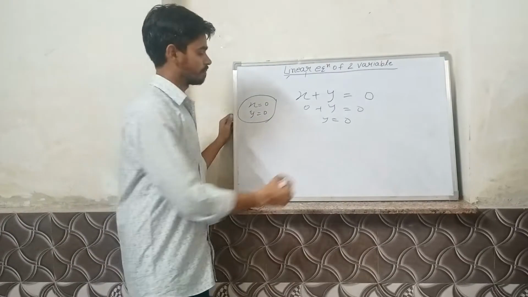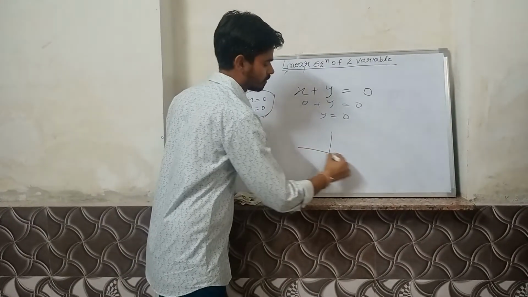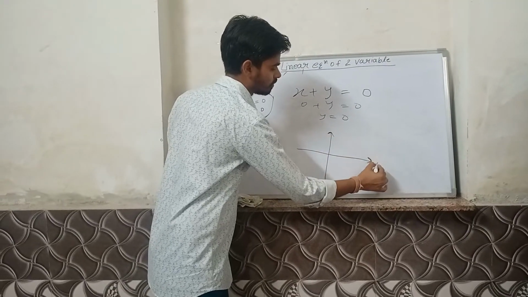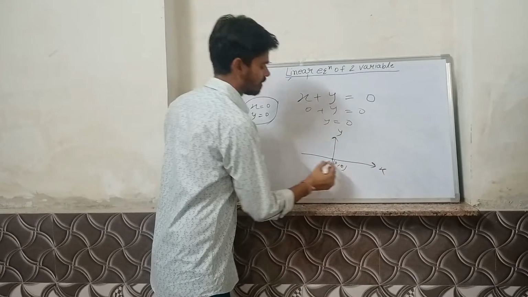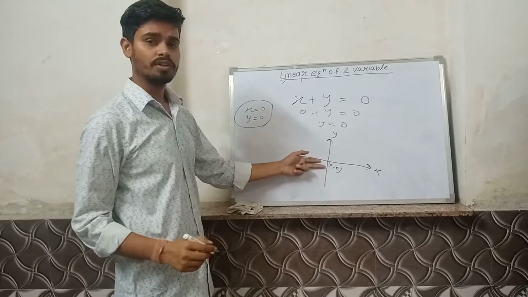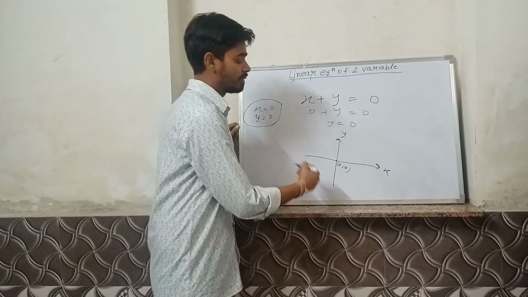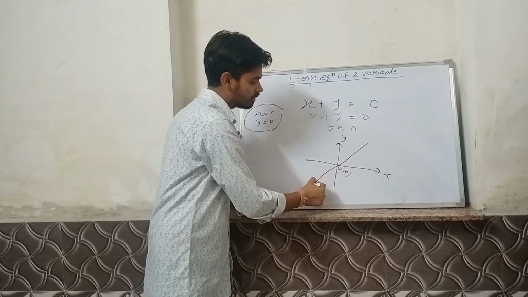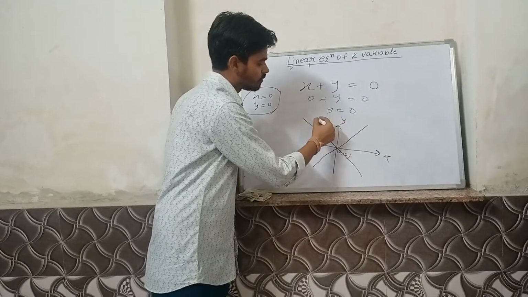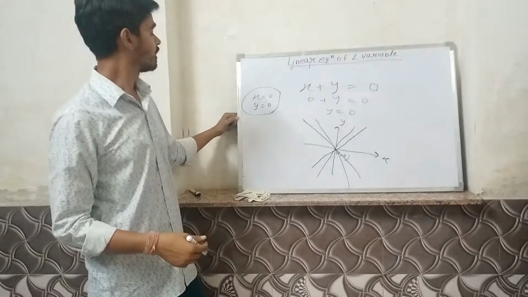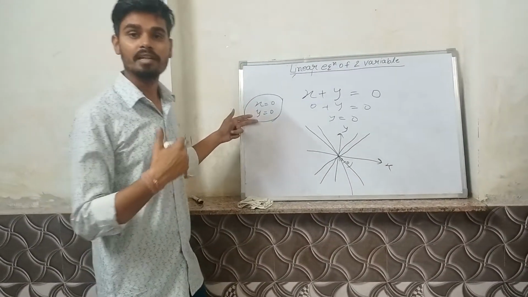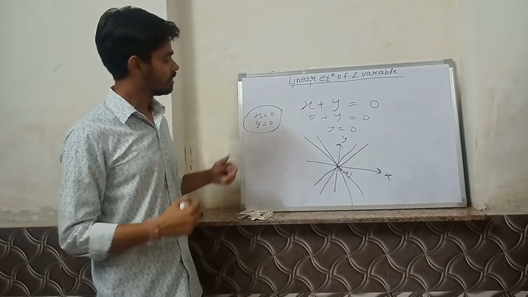But there is a problem. We have one point which is the origin, but if we make a line, there are infinite solutions. We already mentioned that for making a line we need 2 points.